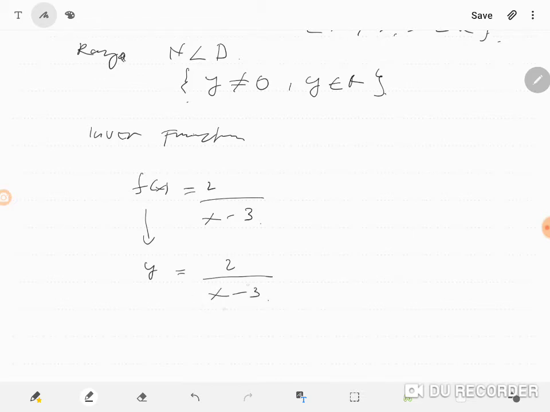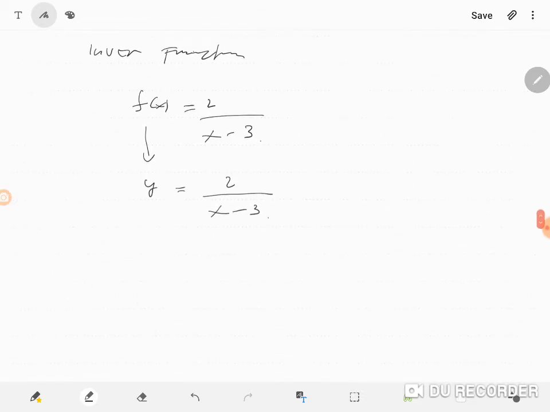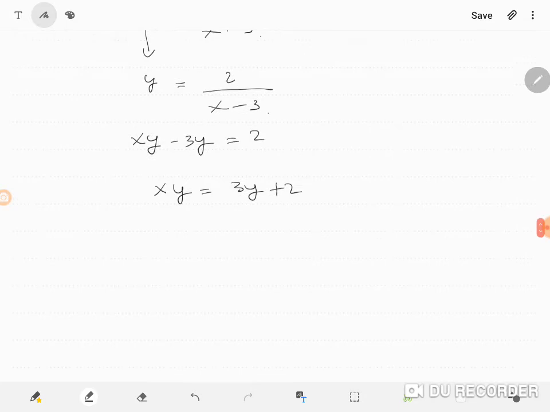Then you make x the subject. You cross multiply, you have xy minus 3y equals 2. Then you put it here: xy equals 3y plus 2. And then x equals 3y plus 2 over y.